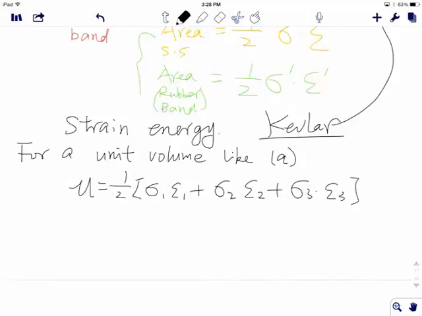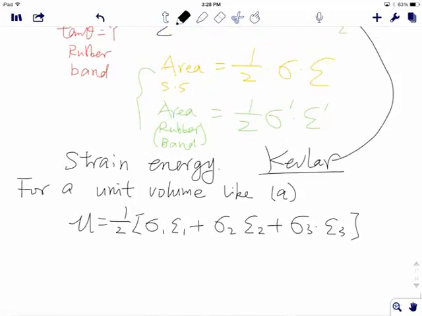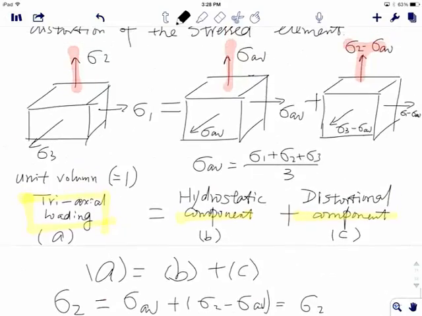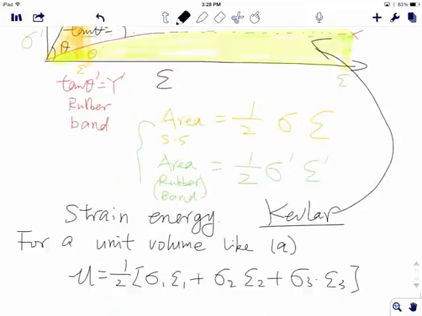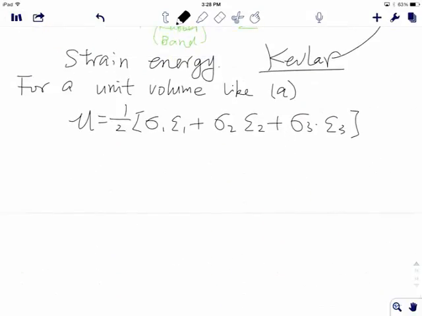Energy is not a vector; it's just a positive number. There's no negative energy here. Energy is always positive. So when you have three axis loading, like this case, each stress will cause its own strain energy because it's going to cause different displacement, different strain. So the total strain energy stored in there is nothing but a summation of these three.